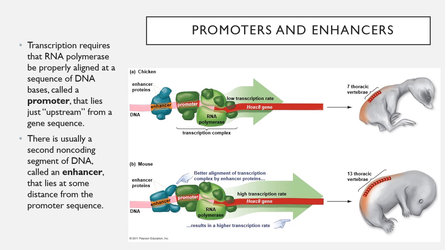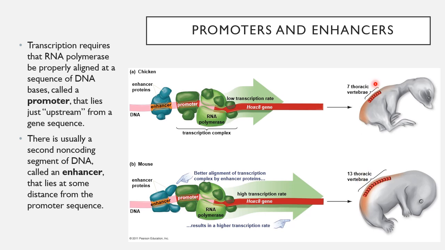For example, in a chicken, you have not as great of alignment of the enhancer proteins. You can see these side pieces here are not aligned as well. In the mouse, the enhancer proteins are aligned a little bit better. This segment of DNA that codes for the production of the thoracic vertebrae, when it's better aligned, more thoracic vertebrae will get made.